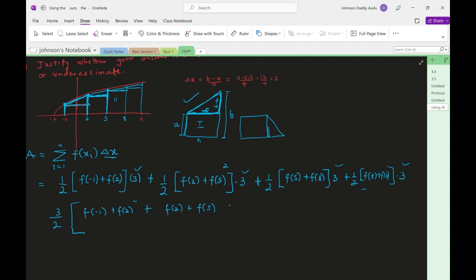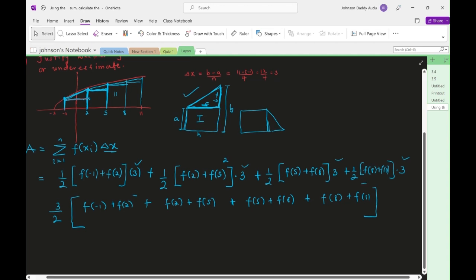Okay, then you can have now plus, here will just be f of 5 plus f of 8. Then here will be f of 8 plus f of 11. And you're done.